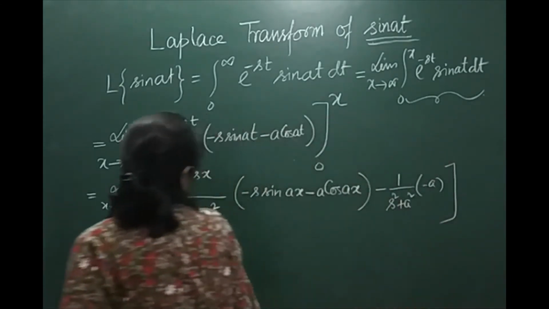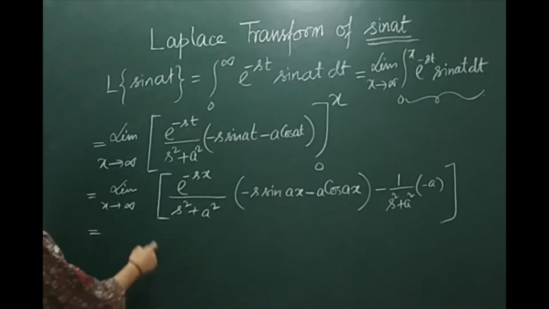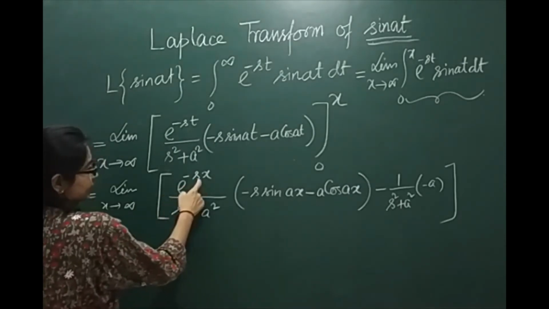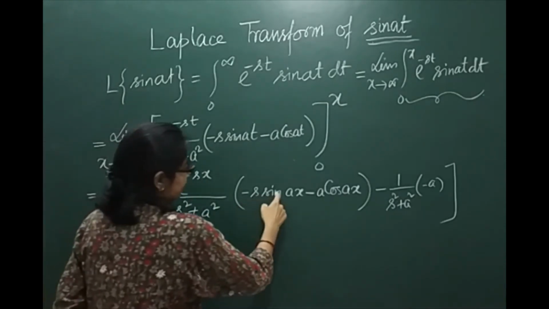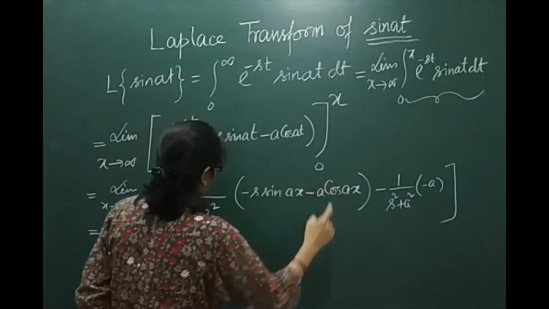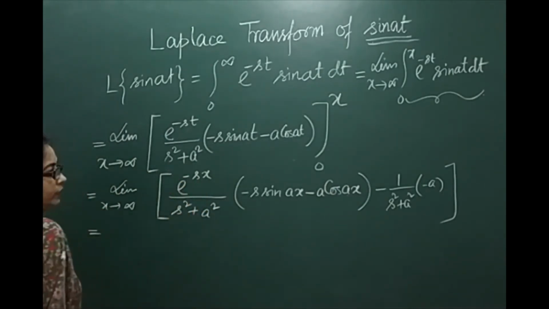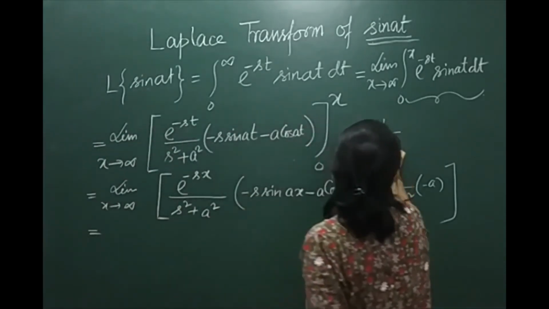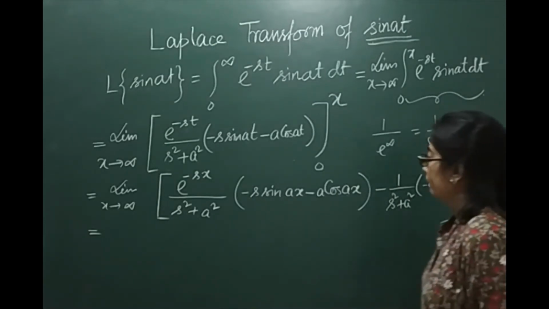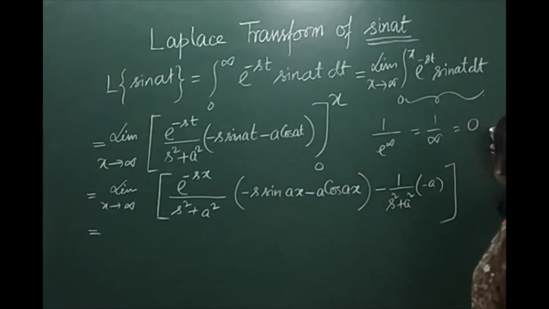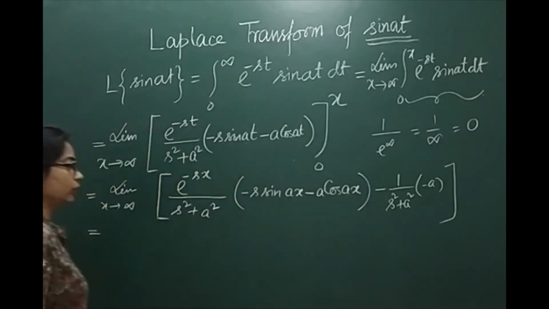Now look at the upper limit infinity: e^(-infinity), and here sin infinity and cos infinity. So we will have 1 by e^infinity times sin infinity and cos infinity. So we have to find that.